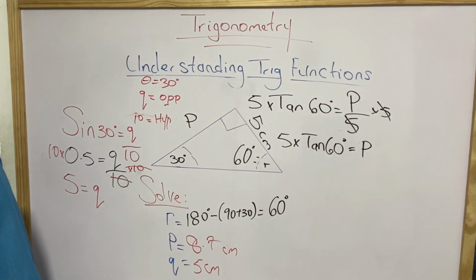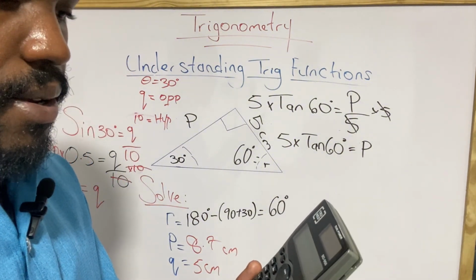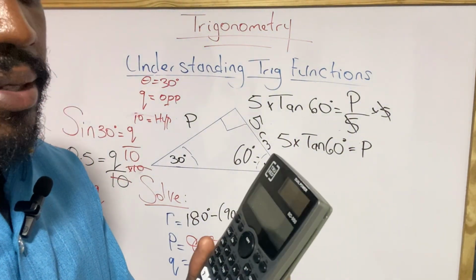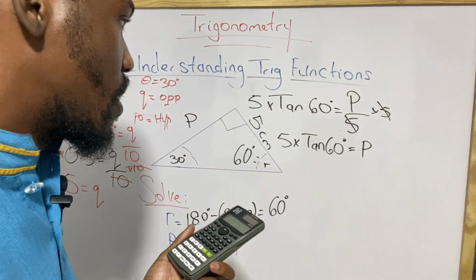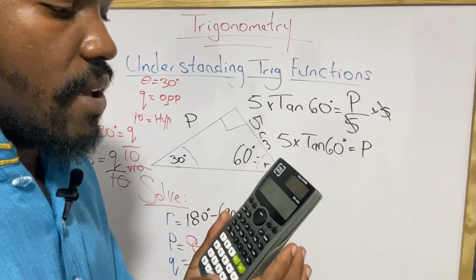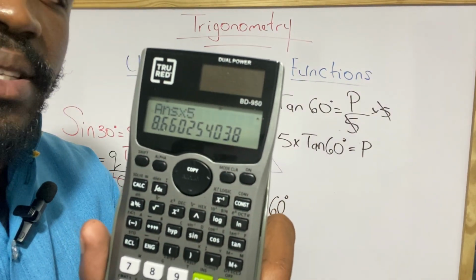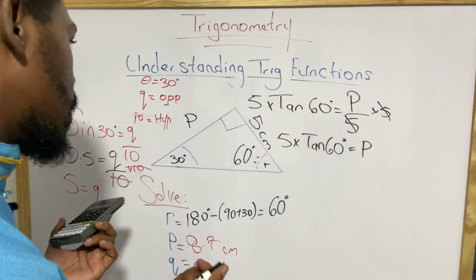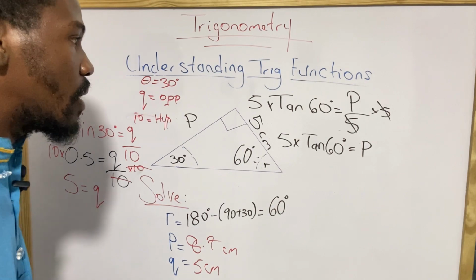So looking at that, the tan of 60 degrees is 1.735 something. And when we multiply that by 5, we actually get 8.66, which is literally the value 8.7 that we got earlier, right?